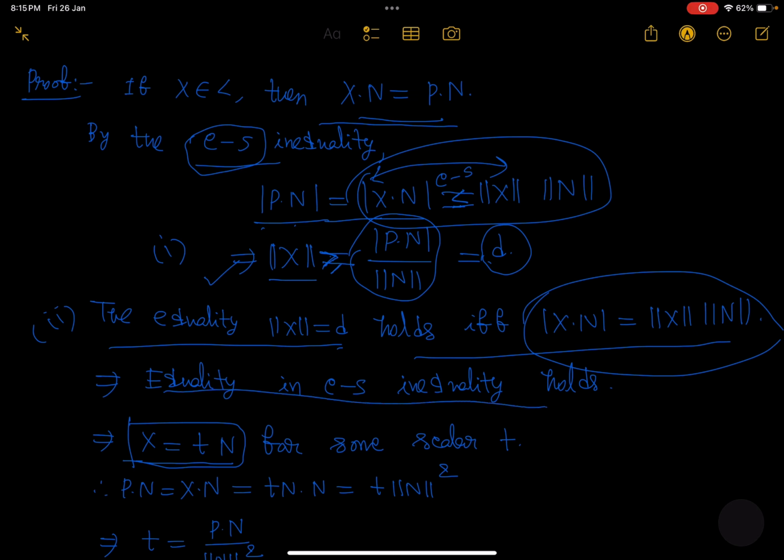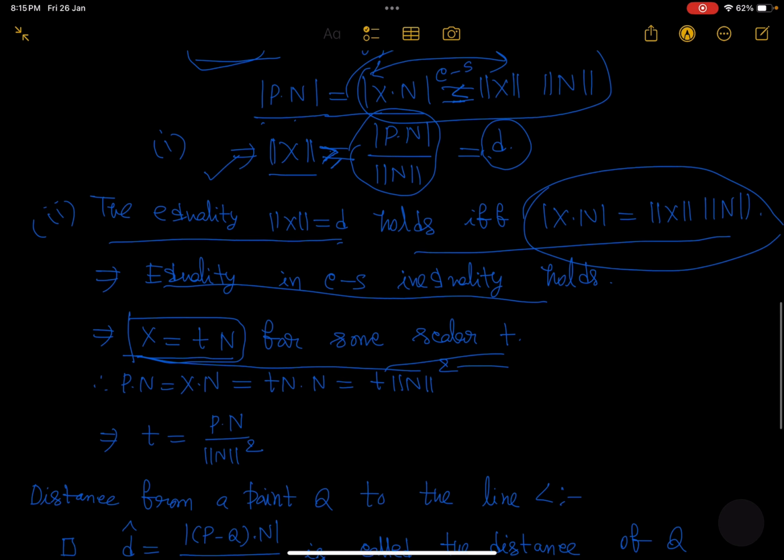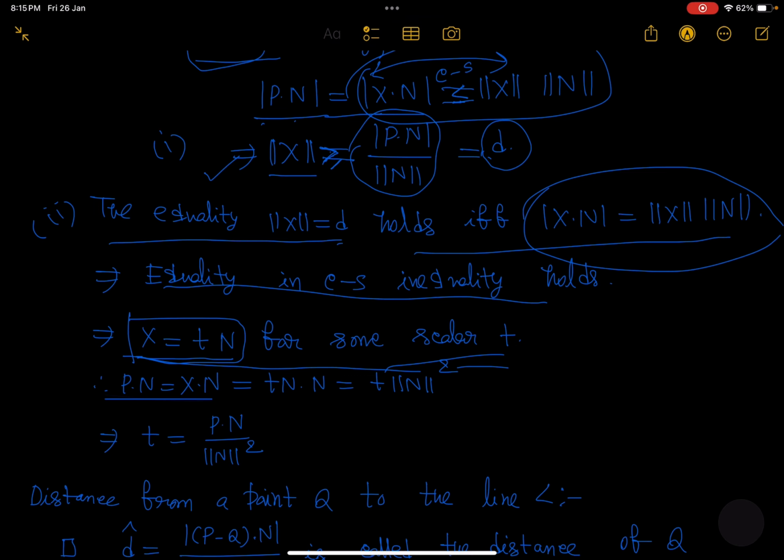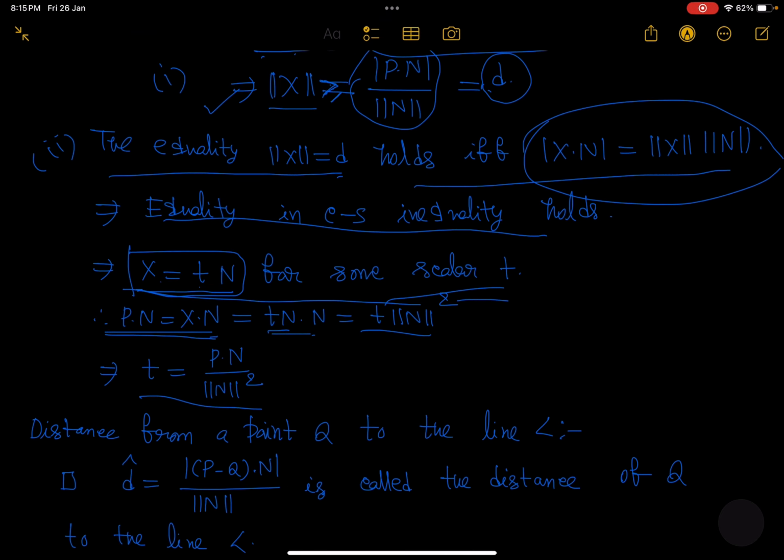That means x will be a scalar multiple of the normal vector capital N, for some scalar t. We are given that p dot n equals x dot n. Now putting x equal to tn here, we get tn dot n, which is t into norm n squared, so t equals this. That means we have proved what we wanted, because x equals tn and exactly the value of t we wanted.